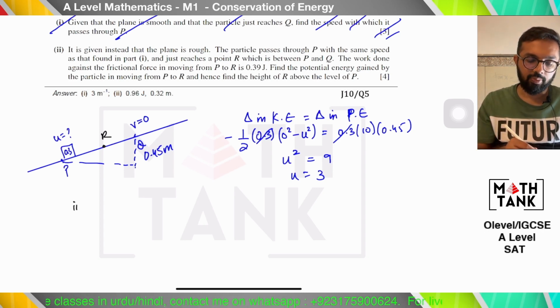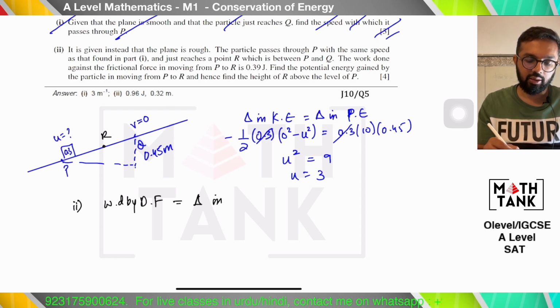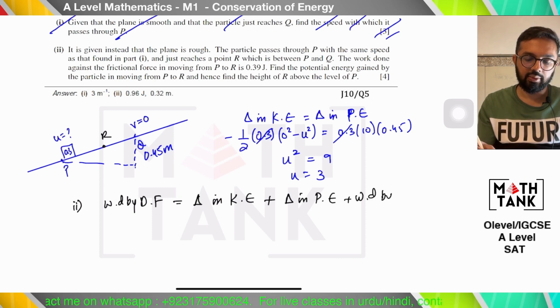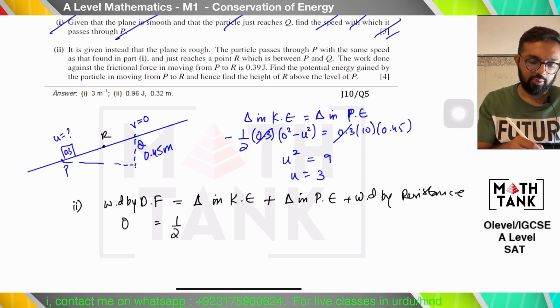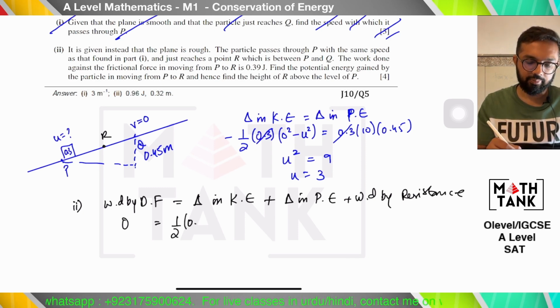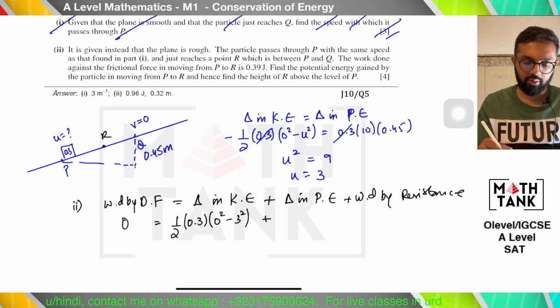So I'm going to use my work energy principle. Work done by driving force equals change in KE plus change in PE plus work done by resistance. So it's 0, half m (v square minus u square).